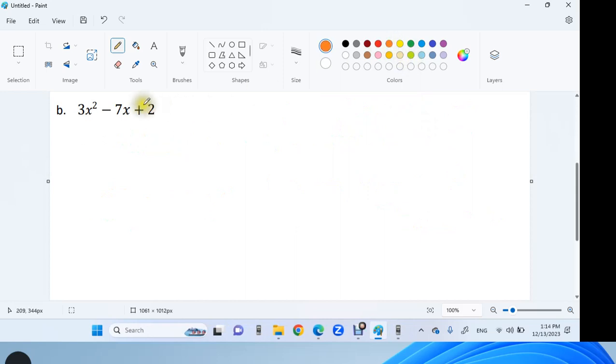For this question, C is positive, so we have the same sign. And then we look at the B. Okay, the B is negative, so we have the minus minus.